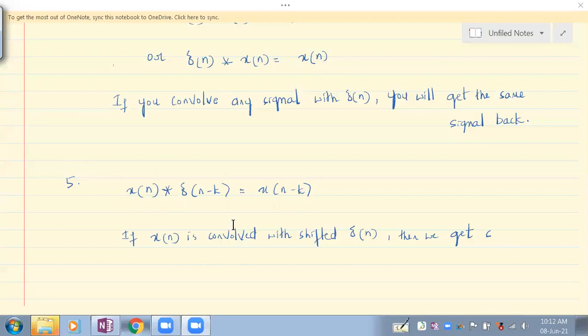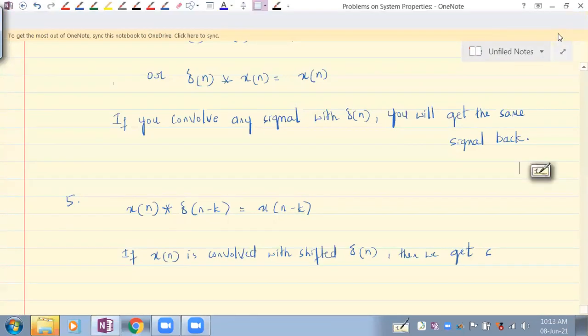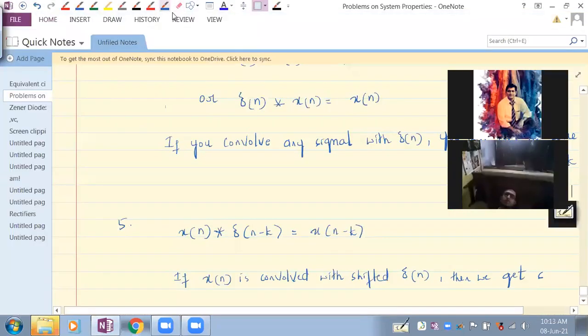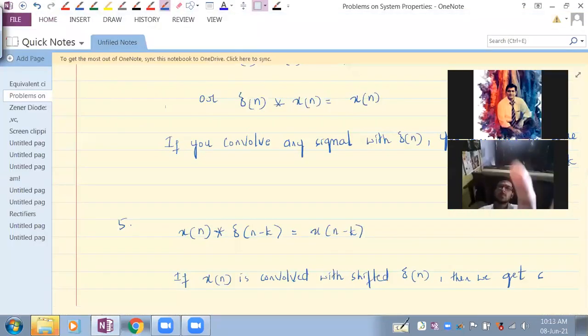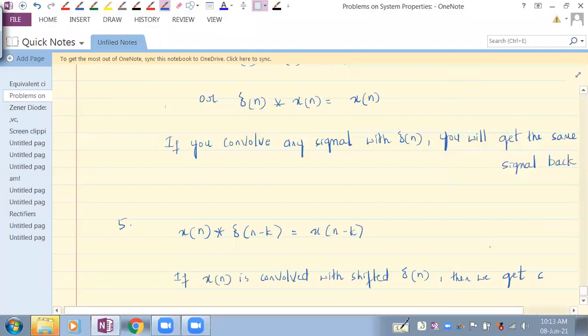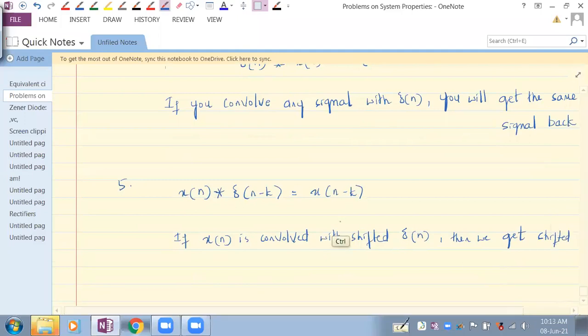Yes, in this fifth property, this is delta of n minus k, shifted. So if you convolve x of n with shifted delta of n, then we get the x of n which is also shifted. Then we get shifted x of n as the output.